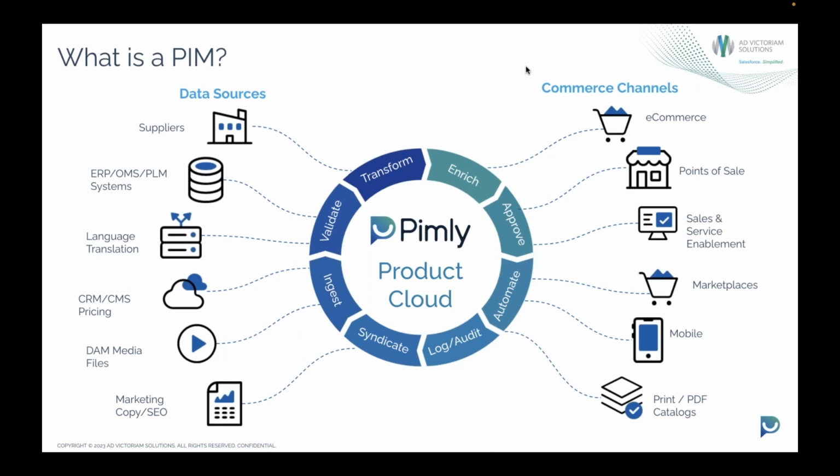Then once you have that information in a centralized spot, of course you can distribute it to e-commerce in a safe, trusted platform like Salesforce, but you can also use it in the field. You can use it at a point of sale. You can use it in a marketplace, and you can use it on every mobile device and every print catalog. So this is a visual representing what we talked about earlier, and we can't wait to show you the product.